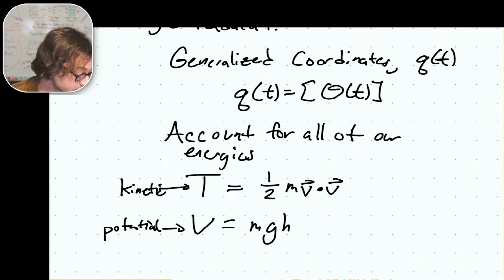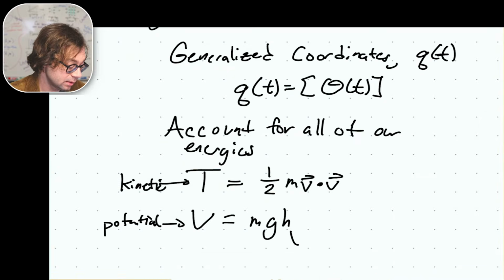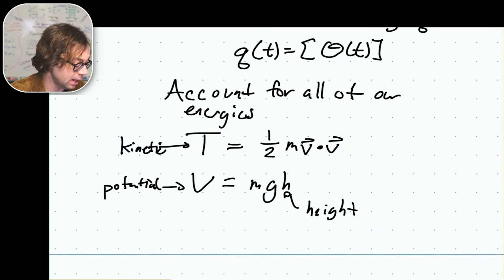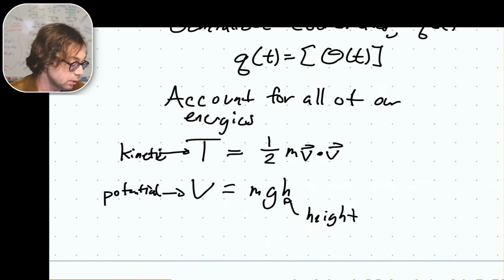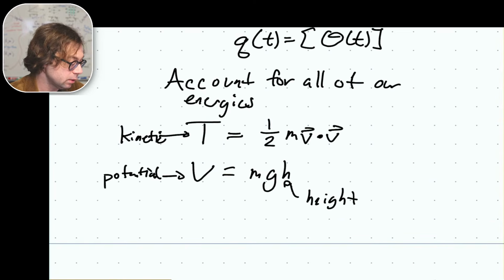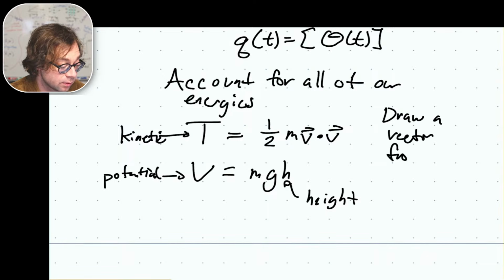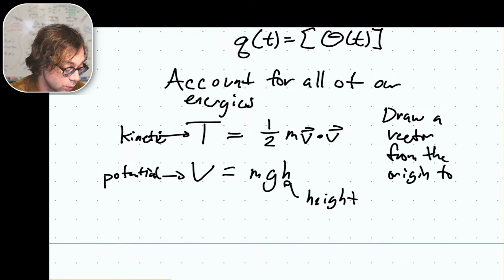That's the height. And to get these values, you get your height and get your velocity. What I find useful is to draw a vector from the origin to your masses.